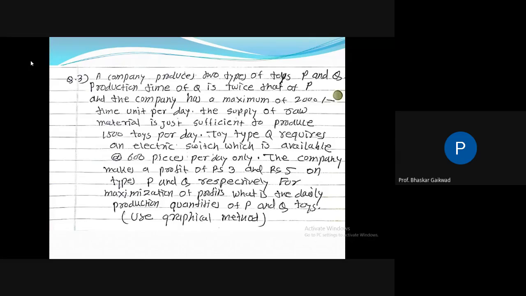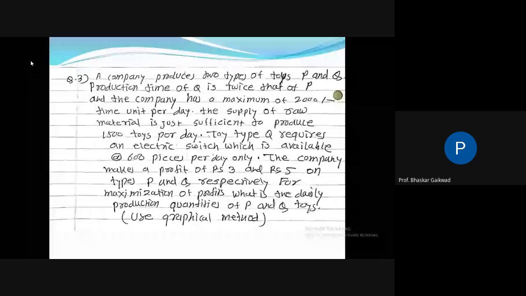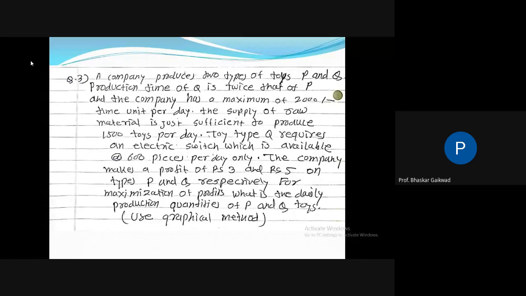So this is the answer for problem number 3. You can calculate the same. Now for this assignment I have already given answers to all these three problems. You can make use of the graph and solve this problem as an assignment problem.